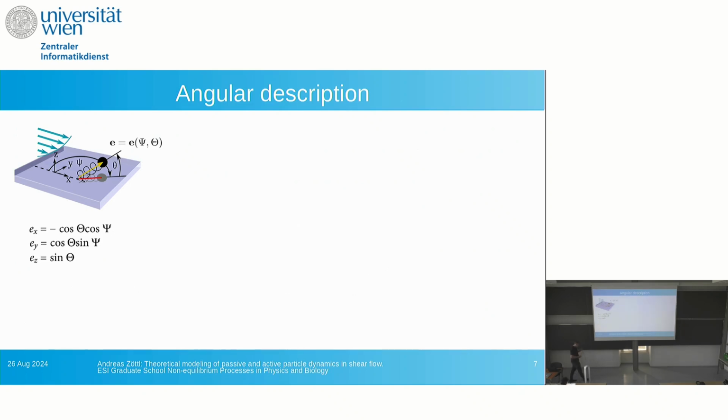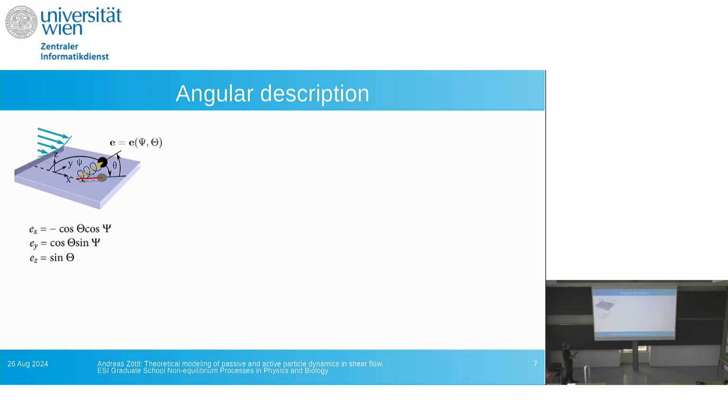And now, so far we looked at the Cartesian coordinates of a particle. But of course, when you have a polar vector, you can instead describe it with two angles, because each director E can be written in terms of two angles, let's say psi and theta. Sorry, here I've shown a slightly more complex particle, which I will talk about later.